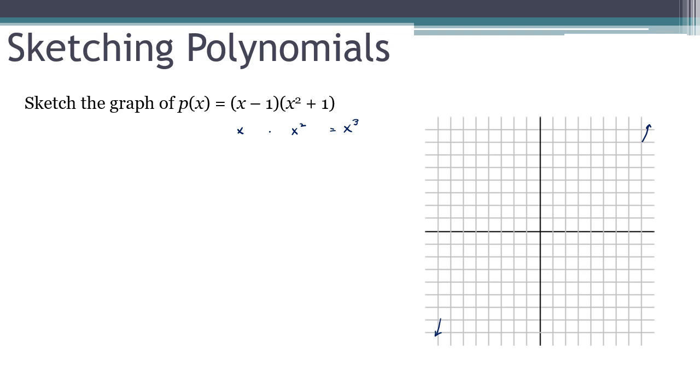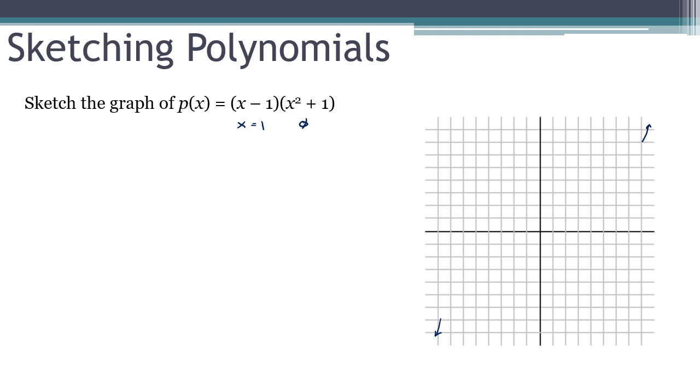Now let's talk about roots. Here's the part where it gets a little different. I get a root here that's 1. And then what happens here? I don't get a root from this one. That doesn't factor. And remember, when we're talking about graphing, we're not doing imaginary numbers at all.